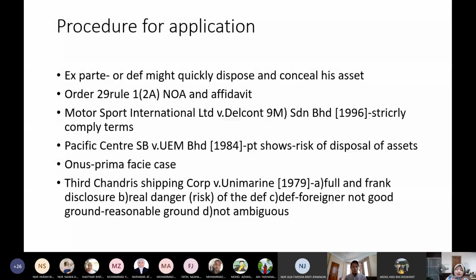That is how he can be successful in his Mariva injunction application.